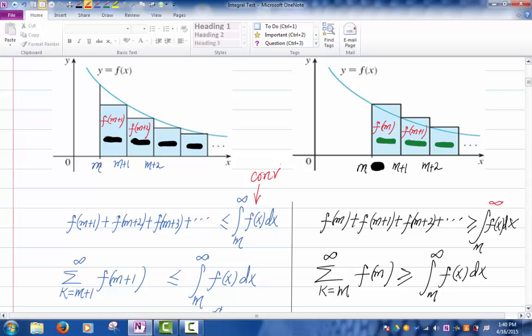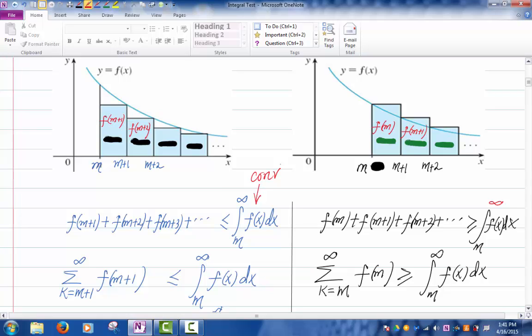Now, the interval from m to infinity, I am going to divide it into subintervals of length 1: m to m plus 1, to m plus 2, to m plus 3, and so on. Is everybody okay? The interval from m to infinity is being divided into subintervals of length 1. On the first subinterval, I have a rectangle where the height of the rectangle is the same as the height of the graph of f at the right-hand point m plus 1.